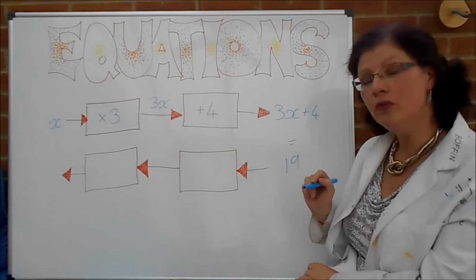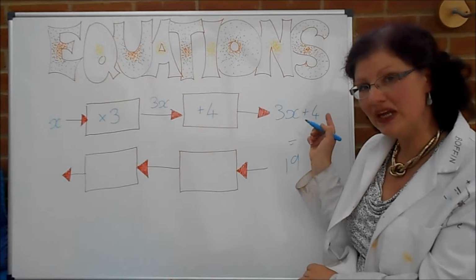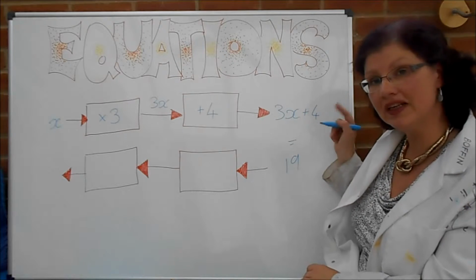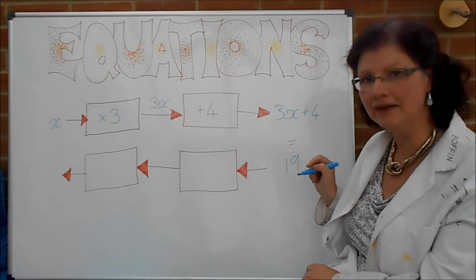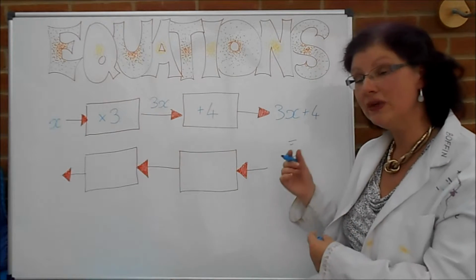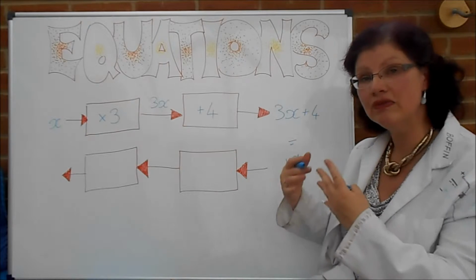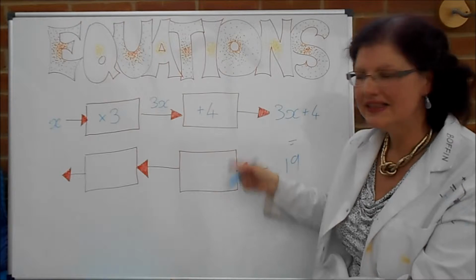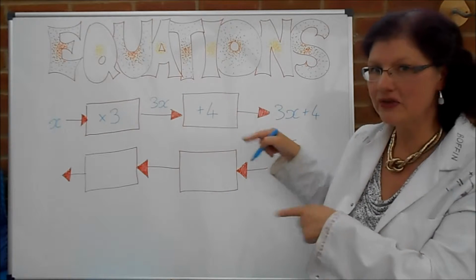So remember when we did it with the numbers, we came out at 19. Here we've got 3x plus 4. So what I'm saying is that the 3x plus 4 is 19. So let's just feed that back and see what happens. What we're doing is like flicking the machine into reverse. So it goes in through this one that we did second, we're now doing first.